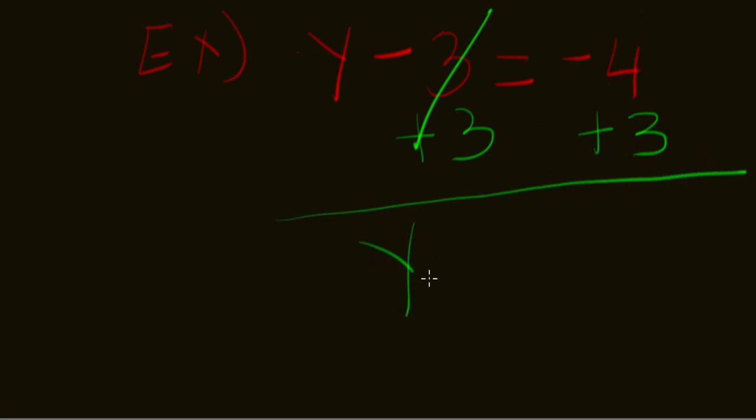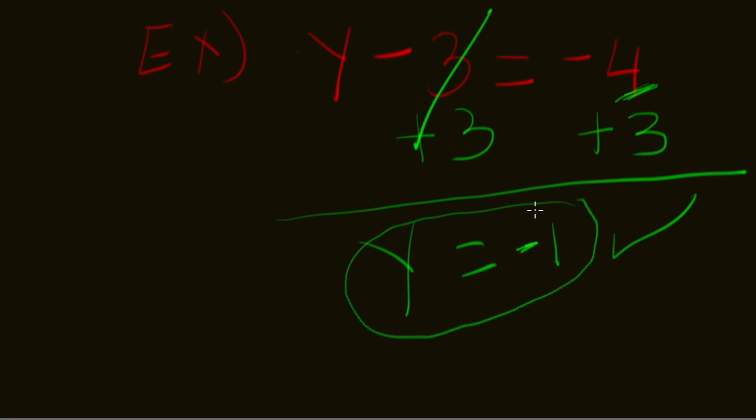So you bring down the y, minus 4 plus 3. They have different signs, so you subtract, that's 1. Because 4 is larger and has a negative sign, your answer is negative. Y equals negative 1.